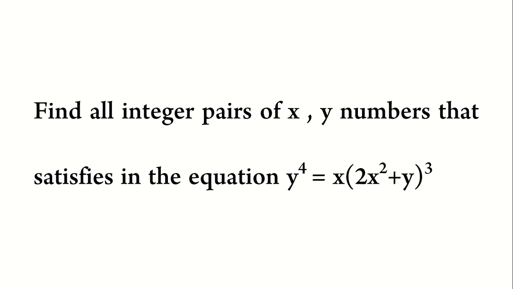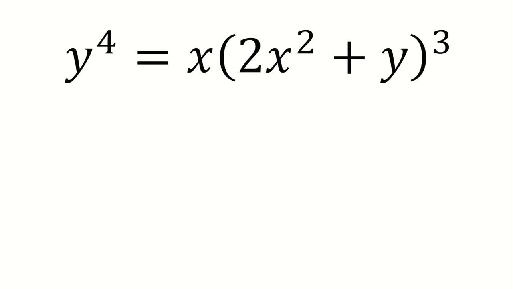When we multiply two integers, we know that each of them is a divisor of the result. So we can use this property in solving this question. Okay, let's go through the question.